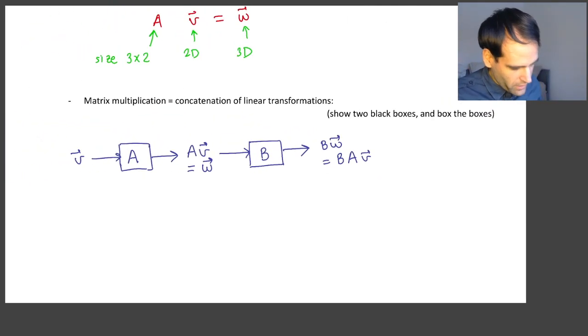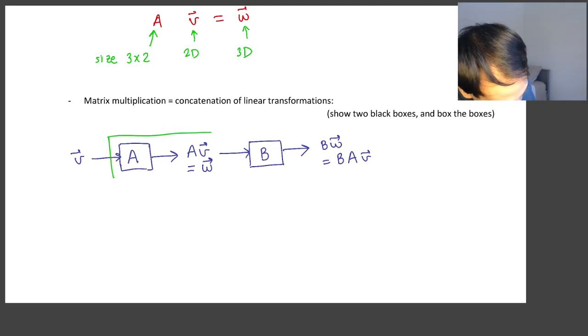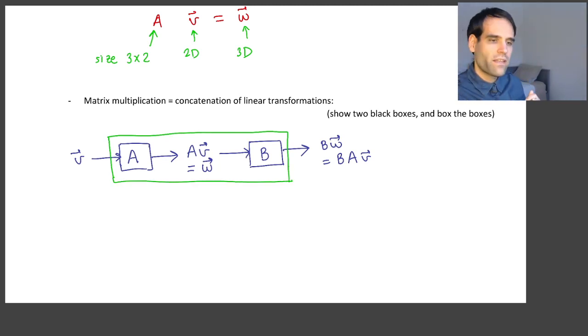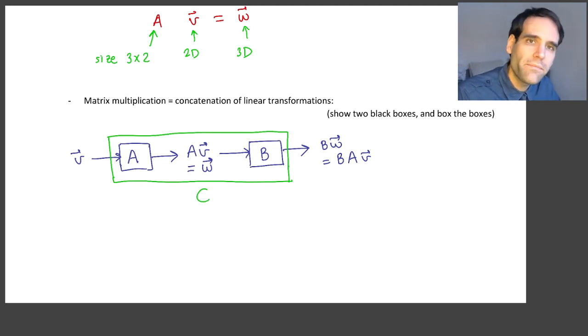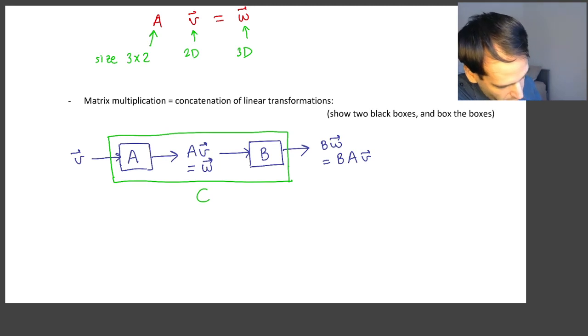Now, here we just concatenated two linear transformations, but what if we interpret this whole operation of A followed by B as a single operation? We can draw a black box around this and say that this is actually an operation C. So we have this linear operation C such that we have the input vector v, we apply this operation C, and the output is our output vector.